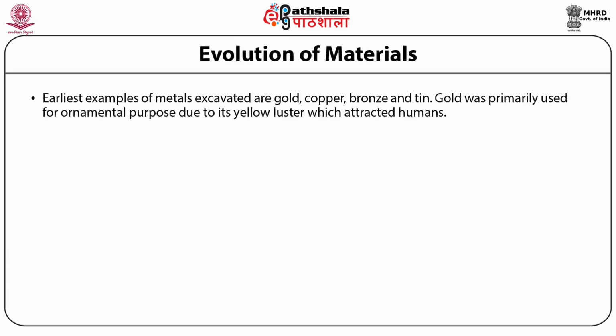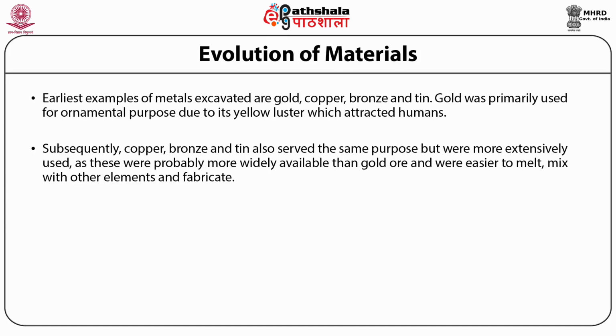Earliest examples of metals excavated are gold, copper, bronze, and tin. Gold was primarily used for ornamental purposes due to its yellow luster, which attracted humans. It was possibly used as currency too in later times.